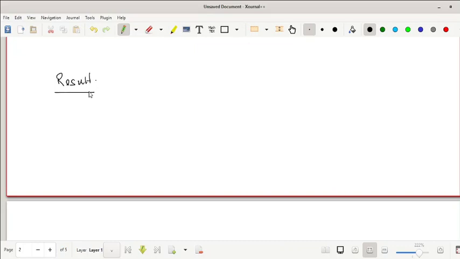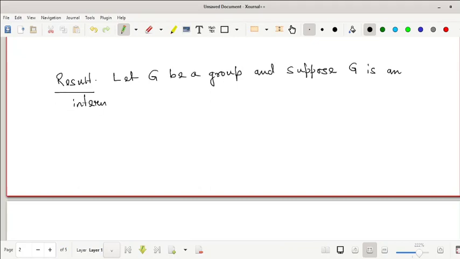So, result, let G be a group and suppose G is an internal direct product of H1, H2, Hn.